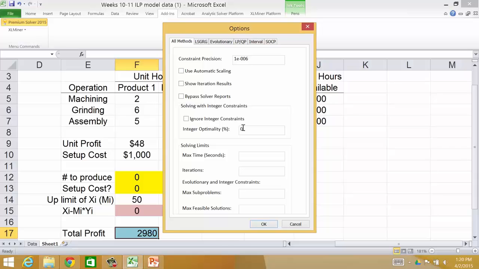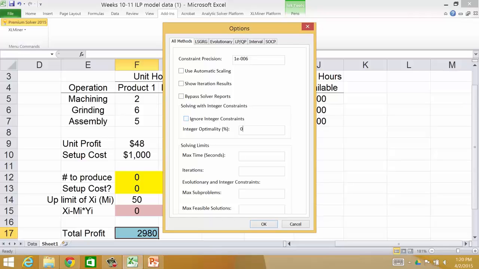But we also talked about that the algorithm used to solve integer linear programming takes a long time. It's different from the LP algorithm. It needs to go through sometimes millions of sub-problems, depending on how big the feasible region of this problem is. So sometimes it could take a long time.